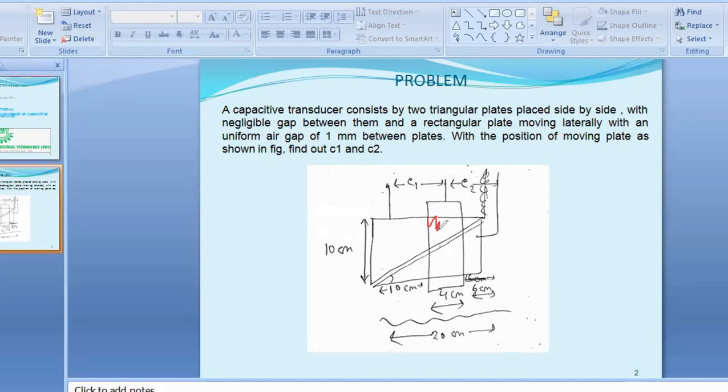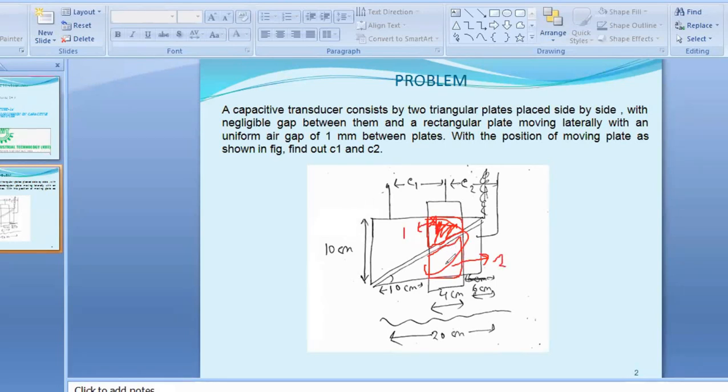This is one overlapping area, this portion, between the movable plate and the triangular plate 1. And this is another overlapping area, between the movable plate and triangular plate 2. So this is your overlapping area 1, and this is your overlapping area 2. So there are two overlapping areas.